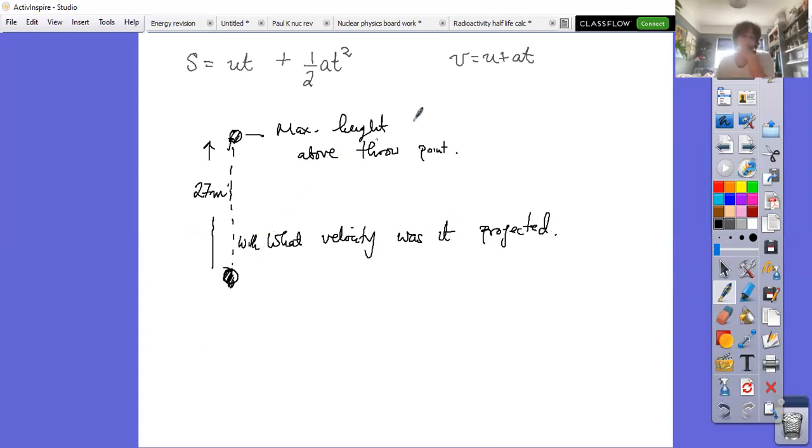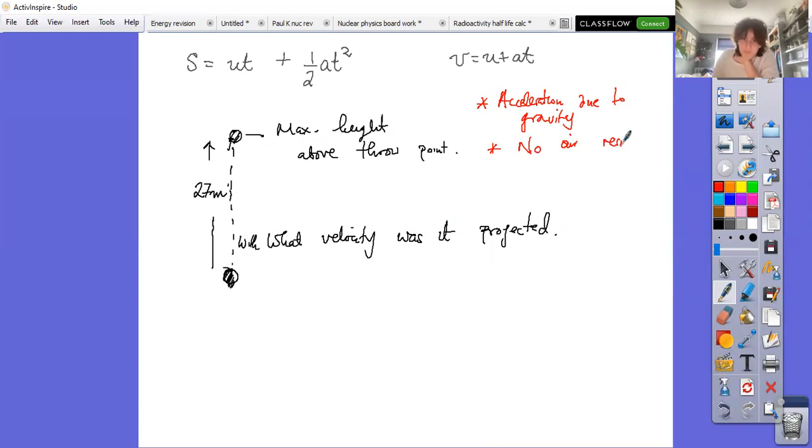With a question like this, we need to make assumptions, and it's worth knowing the assumptions when we're doing these calculations. Can you remember any assumptions? So gravity, the acceleration of gravity, is constant. Good. And there's no air resistance.